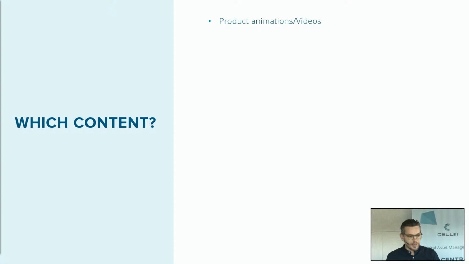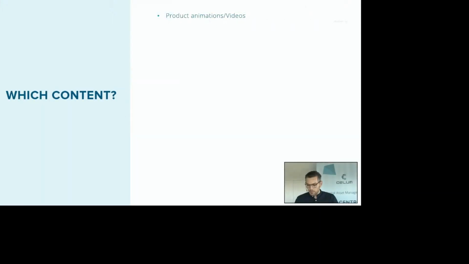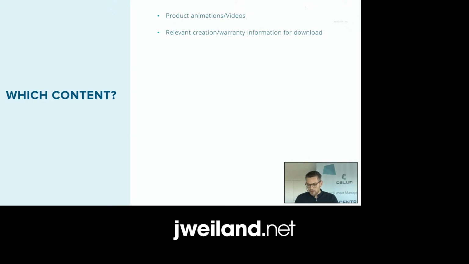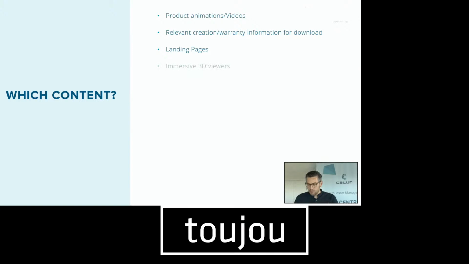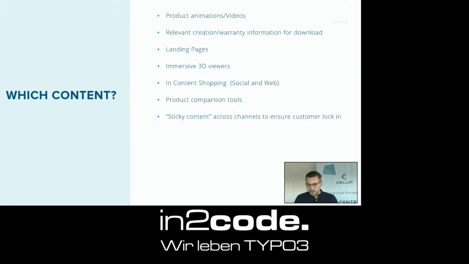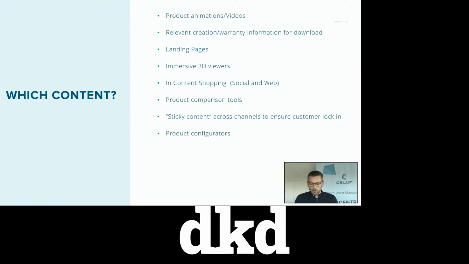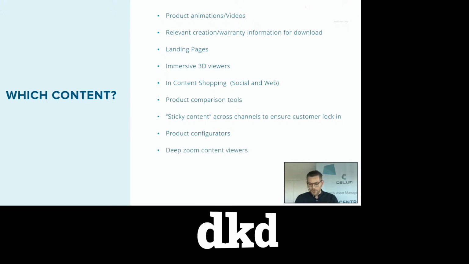First of all, yes, there are many content types. It can be a product animation, it can be videos, relevant creation, warranty information, it can be landing pages, 3D viewers, and so on and so on. So you see there is a lot of content out there, and it's super important that the content is provided in a good way and you organize your content.